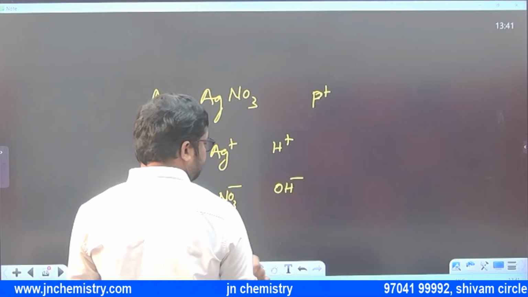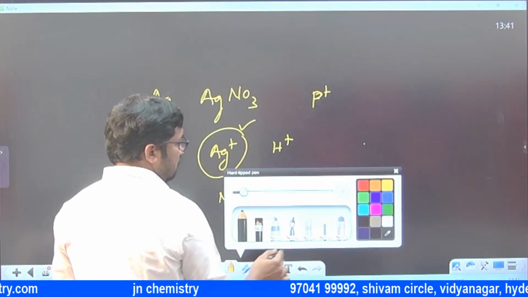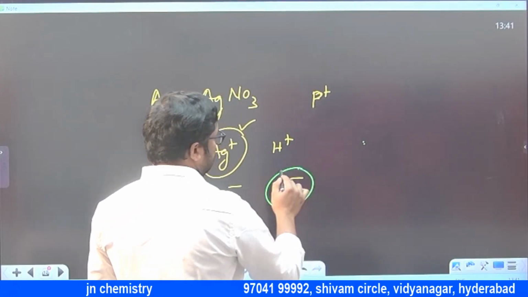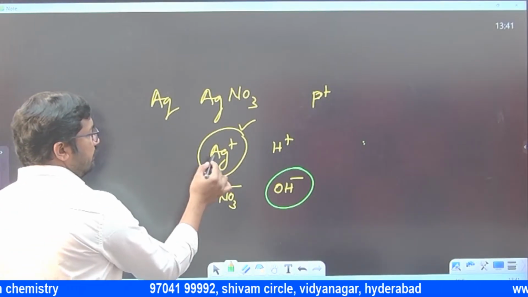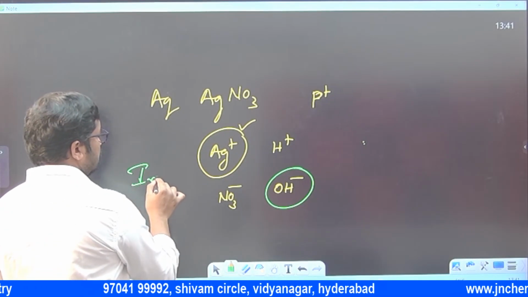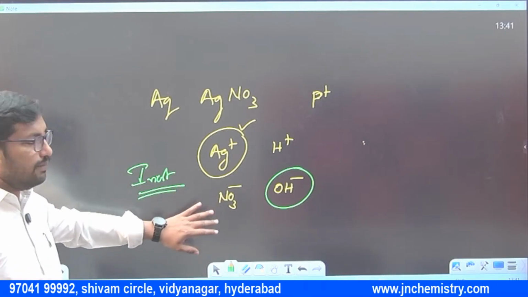Let me know. Here Ag plus is discharged. In this case, OH minus can act when you are using the inert electrode. When we are using the inert electrode, this is exactly what happens.